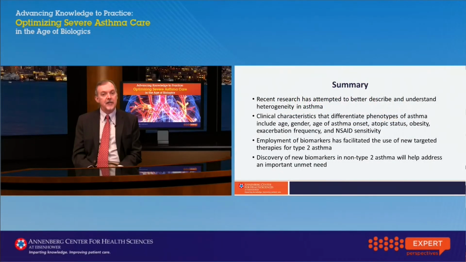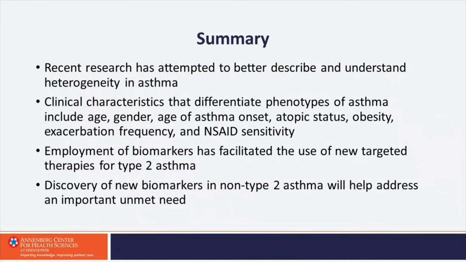This brings us to the conclusion of this module, and let's summarize some of the things that we've discussed today. Number one, there's been a lot of excellent clinical research in the past few years that's really attempted to better understand this heterogeneity that we've been discussing. Number two, there are a lot of different clinical and physiologic characteristics, along with certain inflammatory markers, that we can use to distinguish asthmatics as to which group they fall into.